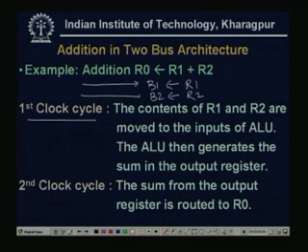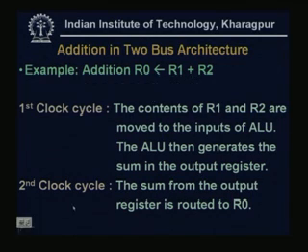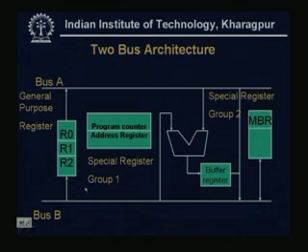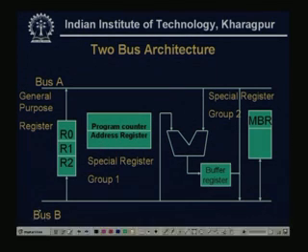Now, the performance of the 2 bus architecture can be improved by moving to a 3 bus architecture. This is the architecture of a 2 bus system. Again there is a register pool, the special register group with the program counter and address register, and the memory buffer register.